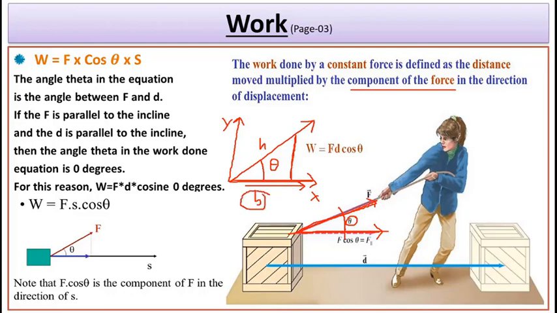The ratio of base to hypotenuse is known as cos. Therefore, we get cos theta, and the component of force is F cos theta. So the work done at an angle can be calculated as F cos theta times S, where F cos theta is the component of force and S is the displacement of the body. You will understand more about this when you study vectors.